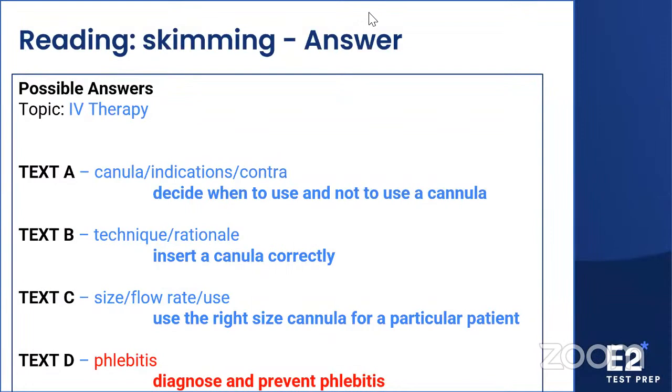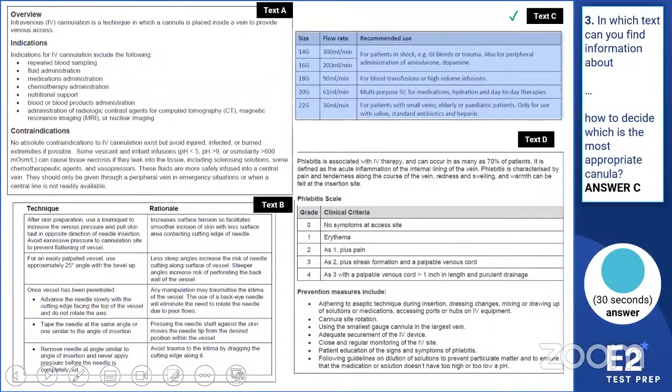All right, and when we skim read at the beginning, we said, okay, text D is about diagnosing and preventing phlebitis. We want to prevent complications, so that would also have helped us to reach answer D, text D.